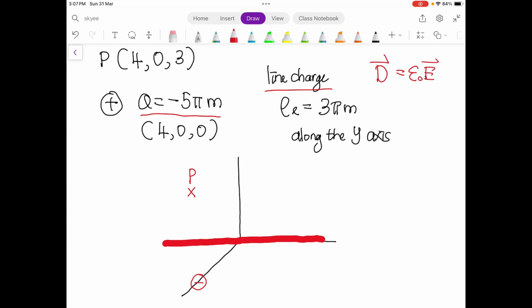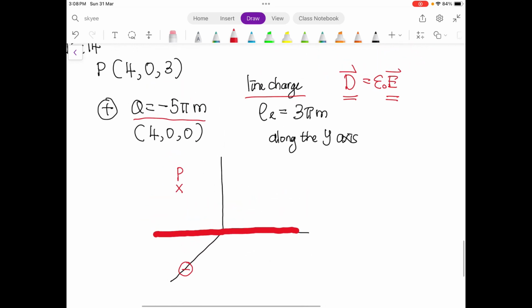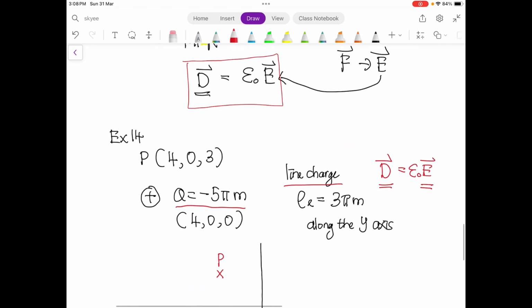So the concept of finding D will be the same as the concept you use to find the E. Let's look at the equation you have to use.